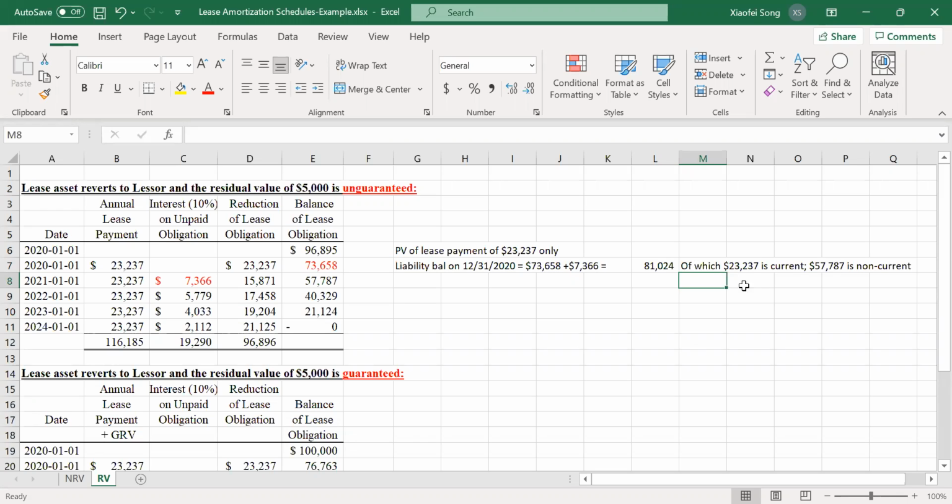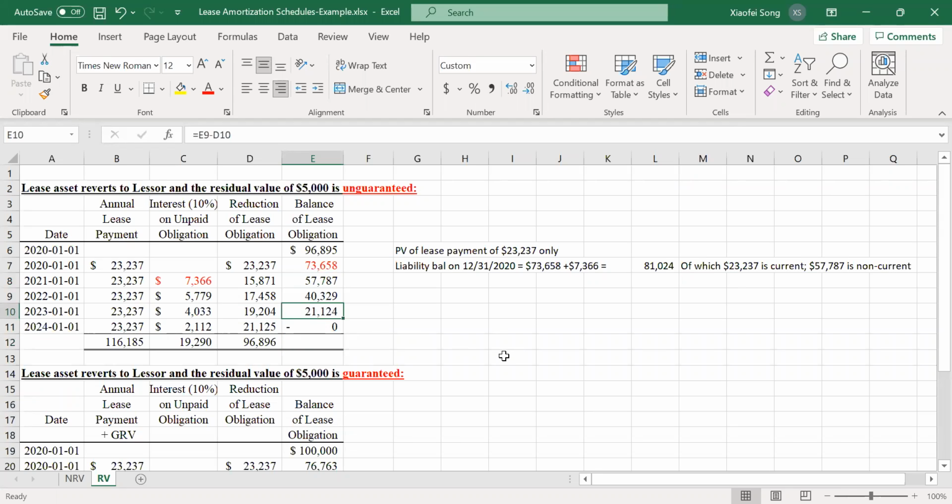Because there is a payment due the next day, that amount is current, and the amount not due within 1 year is the 57, which you can tell is still outstanding after the payment, right? And then no payment will be made throughout this year after the payment of January 1st. So that's that.